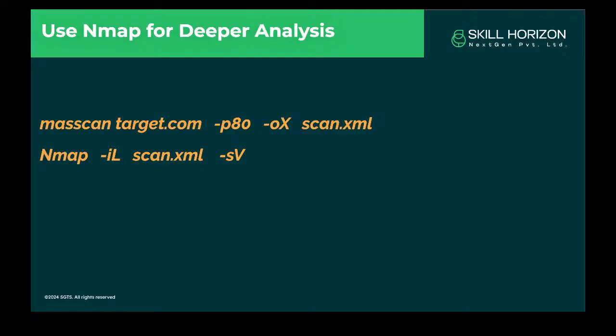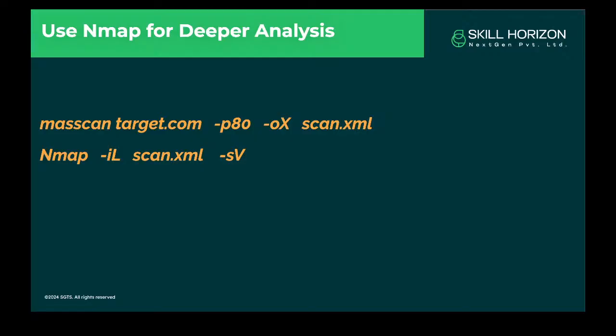We use masscan, then our target, then the port number, then the output option, and I want to store the output in XML, so using hyphen o, capital X, then saving the scan with the file name scan.xml. When the file is created, you can import this file to Nmap for a deeper analysis.